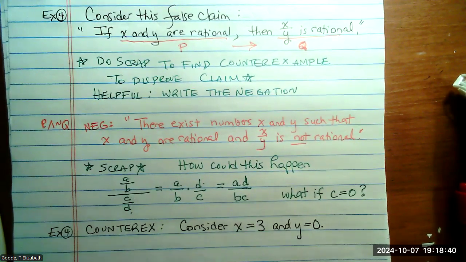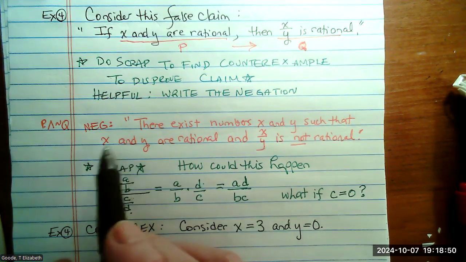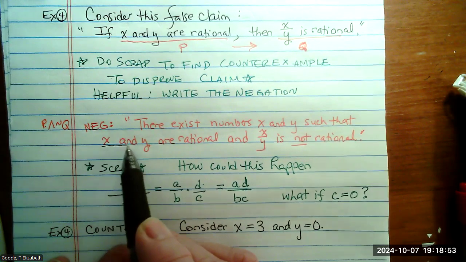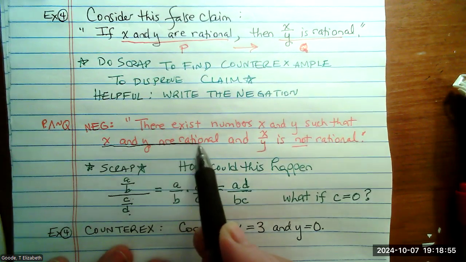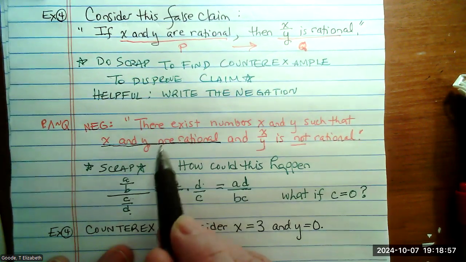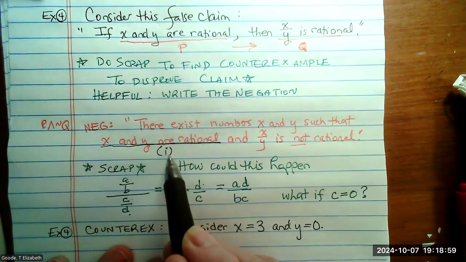Now, let's just take a moment and remember the two things we have to do when we are proving an existential statement. The first thing we have to do is verify that our choice of objects live in the correct domain. That's part 1.